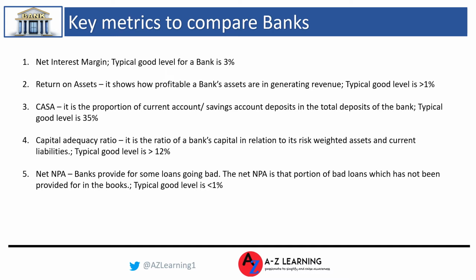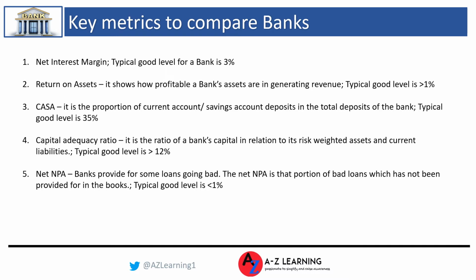So if the CASA ratio is good for any bank, that means it's the most efficient way of raising cash, raising deposits, having money for the bank. Typically, if the CASA ratio is 35% or higher, that is seen as a very good level of CASA ratio. So that is our third main metric that we will look at when we compare the banks in India.